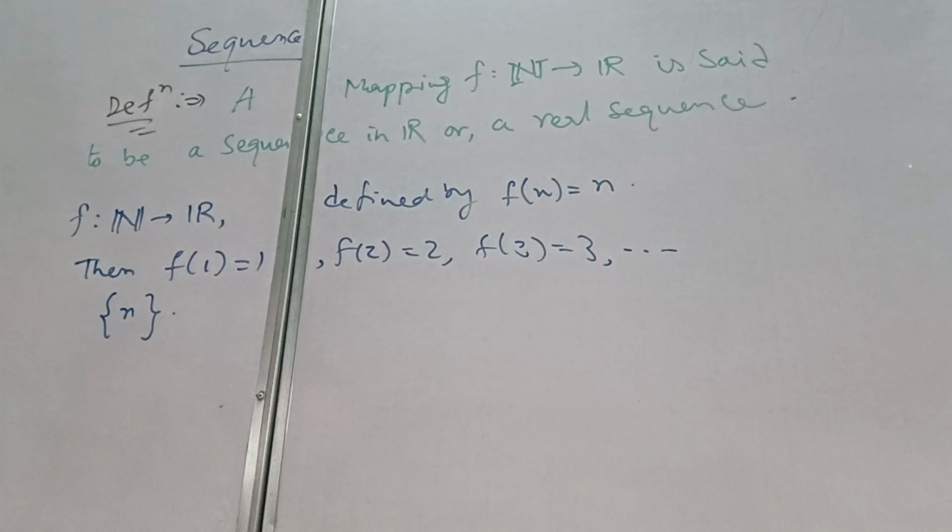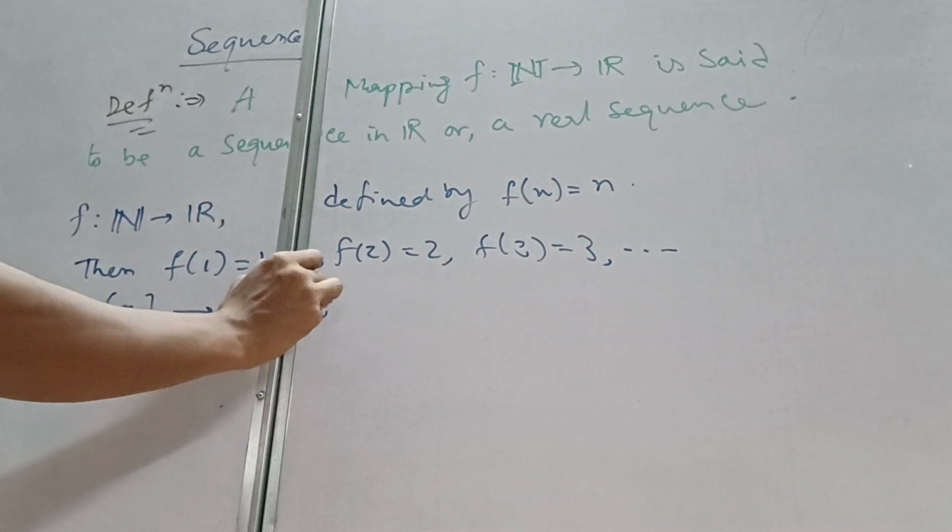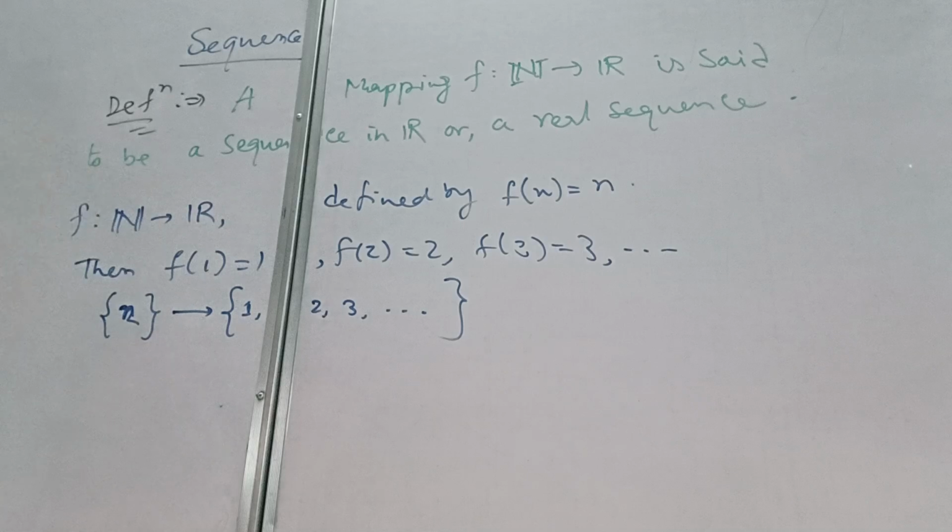We write it in curly brackets, {n}, in this way 1, 2, 3, dot dot dot represent this set of elements. We also write this as the image of f, that means this is the image set of f, and we call this mapping f a sequence.